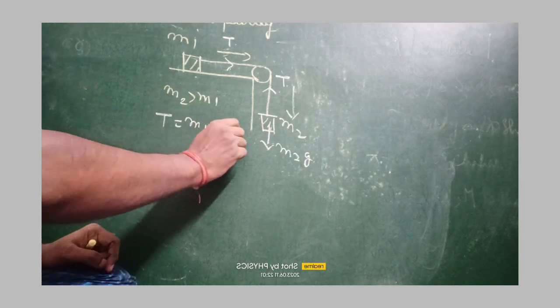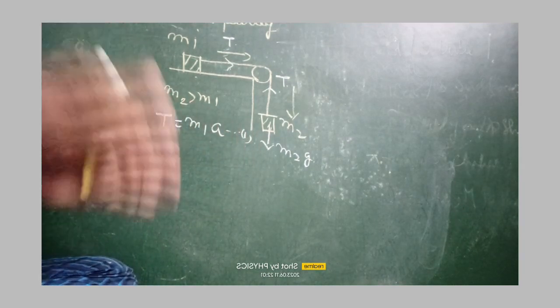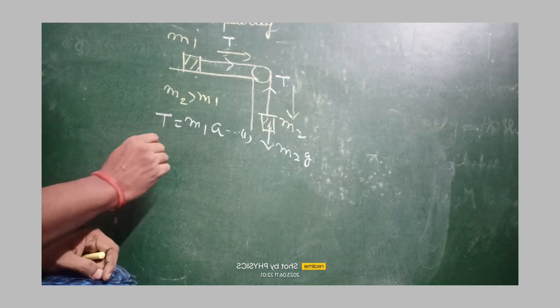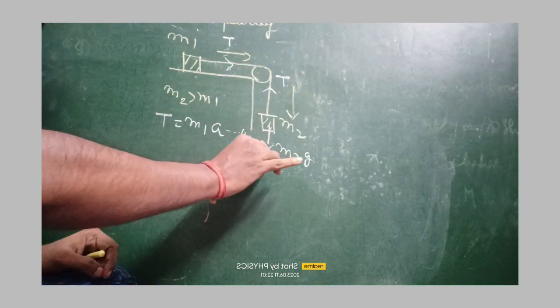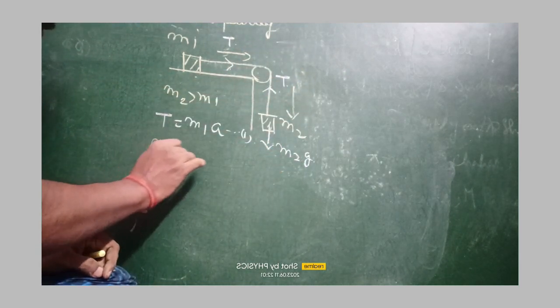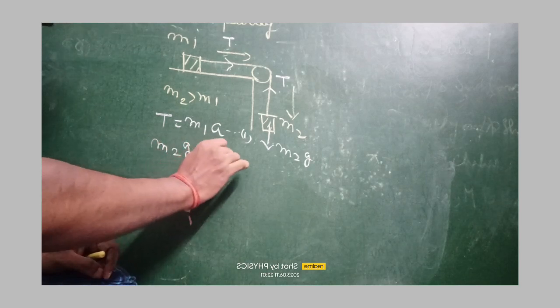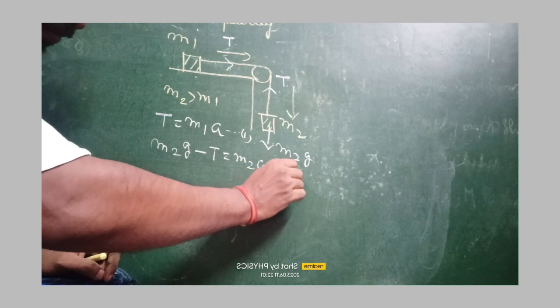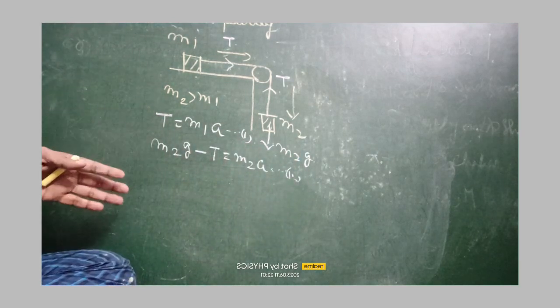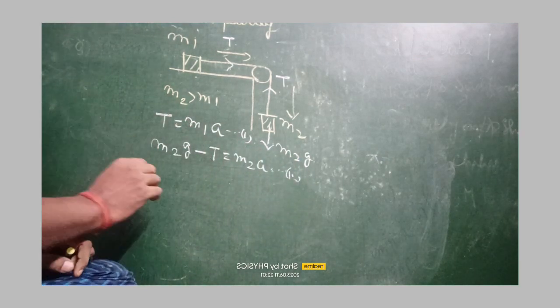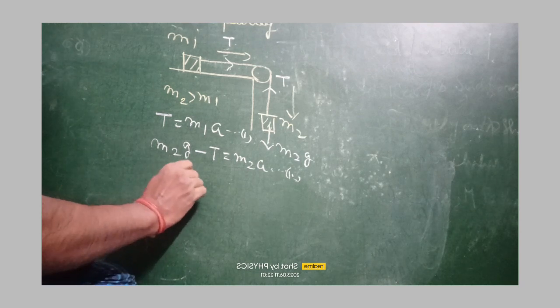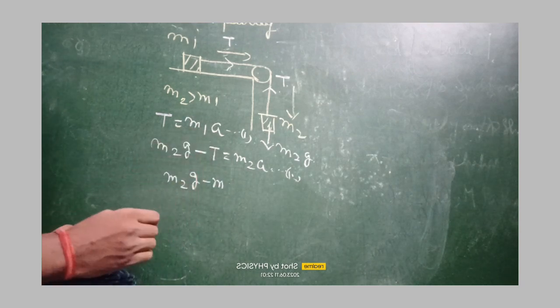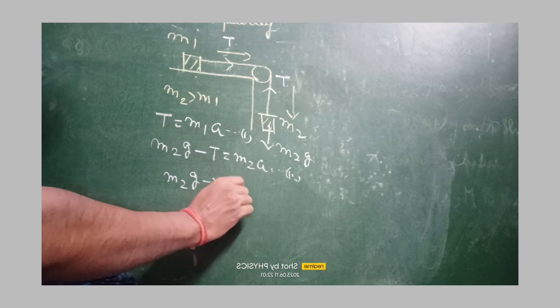This is the first equation. And for the second block, this is moving in the downward direction. So M2G minus T is equal to M2A. That's the second equation.